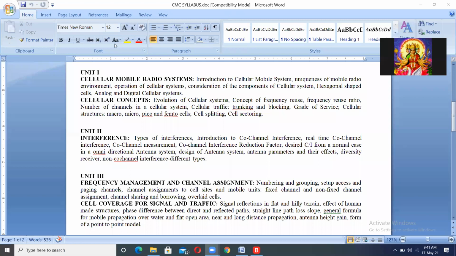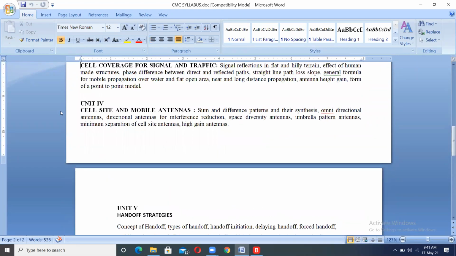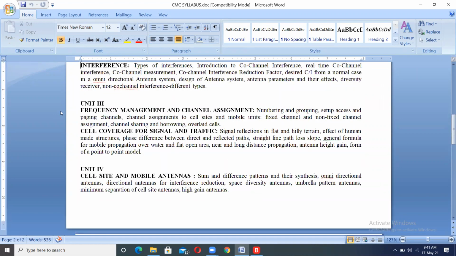These are about the starting three units of the syllabus, right? And the other one is now about cell sites and mobile antennas, right?